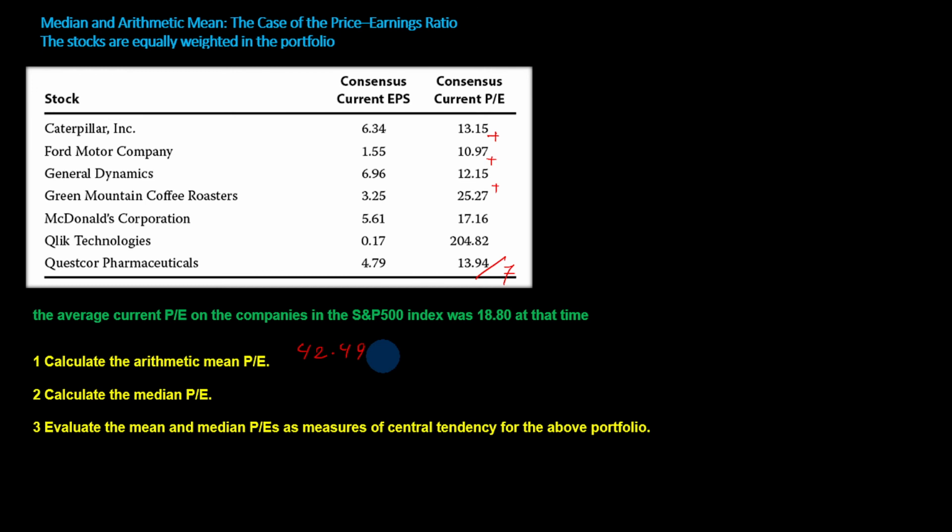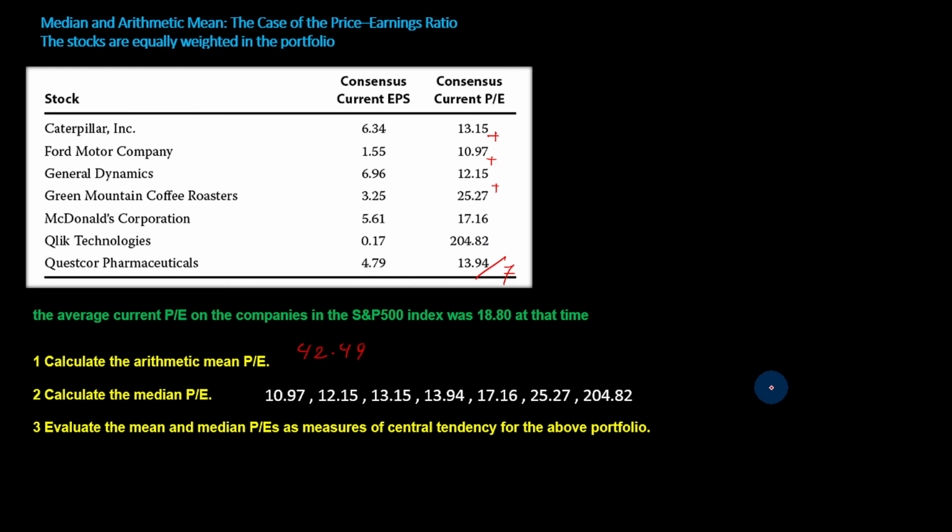Now, in the case of median, what do we have to do before calculating the median? You got to sort the data. This is the data sorted. Our lowest PE belonging to Ford Motor Company, and then the largest PE belonging to Click Technologies, right? And as you can see, we have 7 observations, so we are dealing with an odd number of observations.